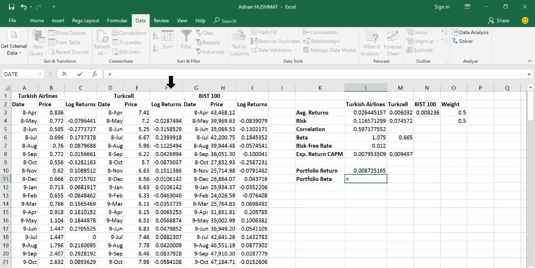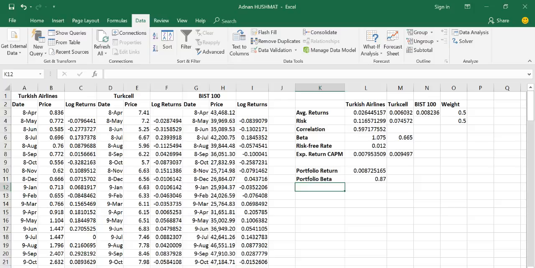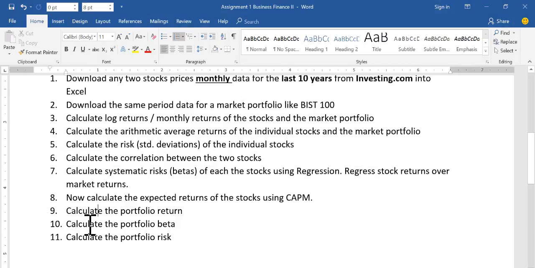So weight 1 multiplied by the beta of stock 1, Turkish Airlines, plus weight 2 multiplied by the beta of stock 2. So your portfolio beta is 0.87, just the weighted average of these betas. This is requirement number 9.